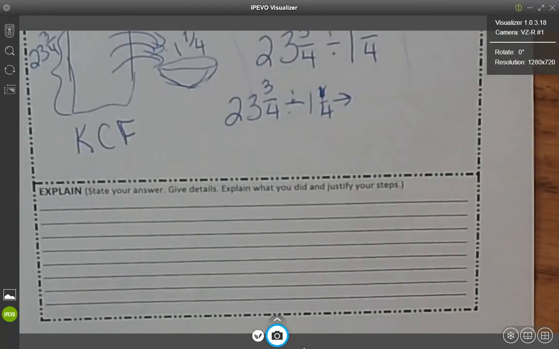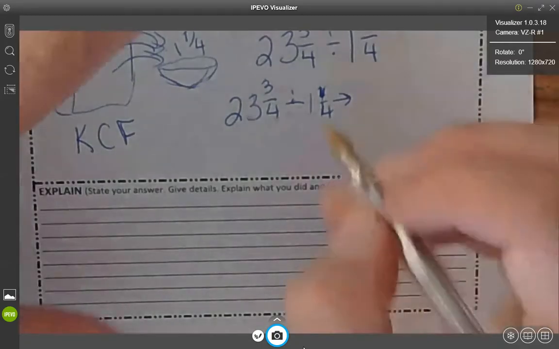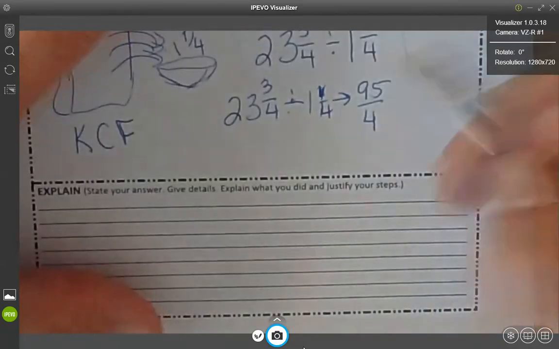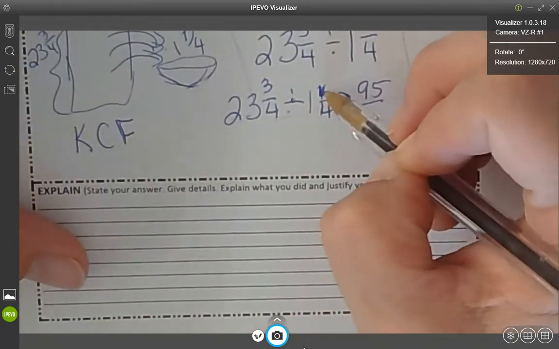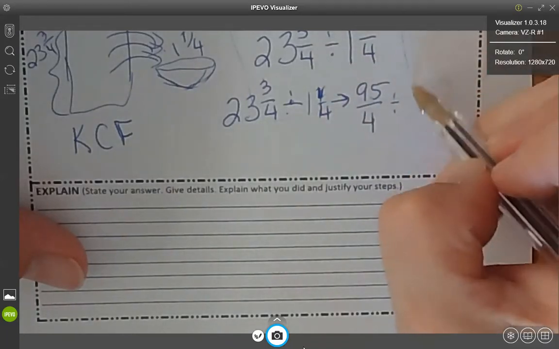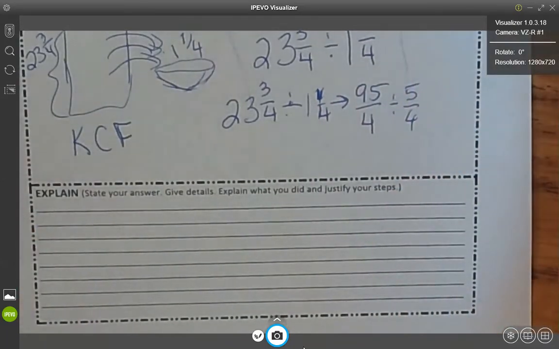Any ideas? We have to do 23 times 4, right? Because 80 and 12 is 92. 92 plus 3 is 95. So this is 95/4. And then 4 times 1 plus 1 is 5/4. Now we can flip it.